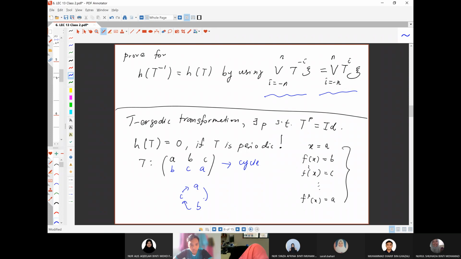So if you start from B, you go to C, then A, then B again. If the transformation is a cycle, we call it an ergodic transformation. So an ergodic transformation, also called a periodic transformation, has entropy 0.